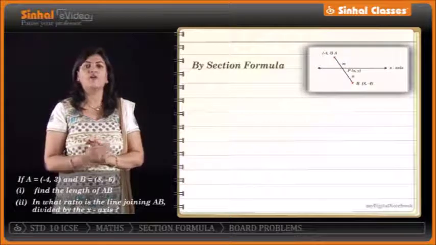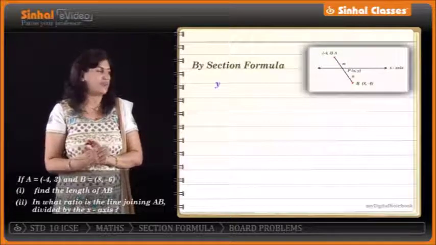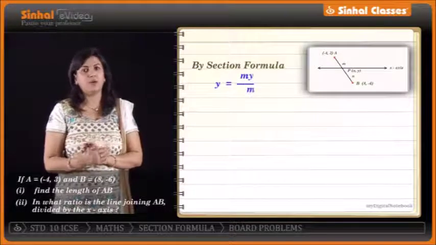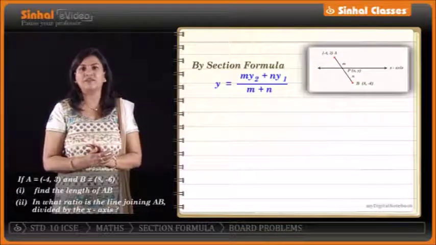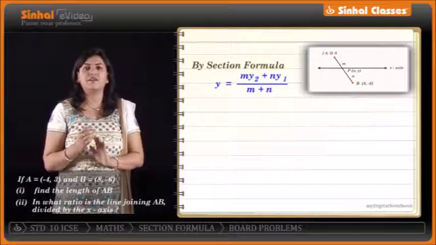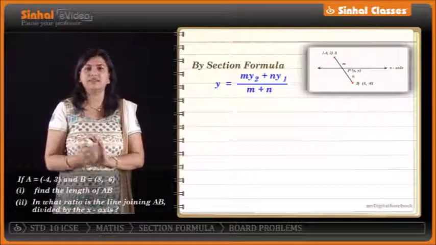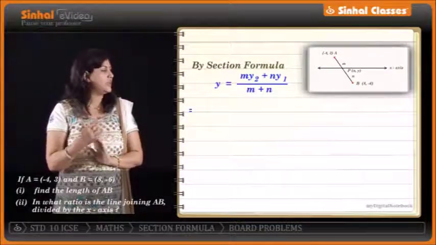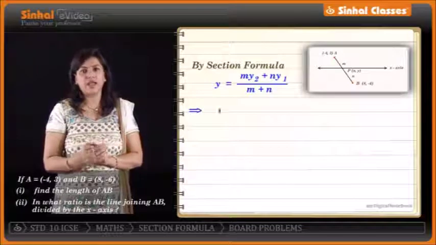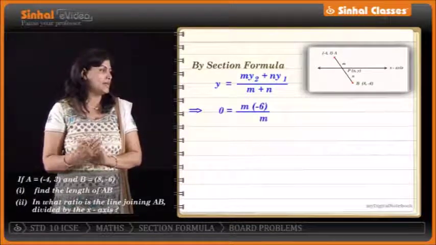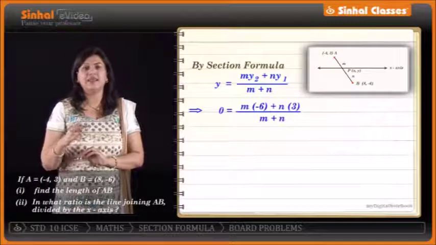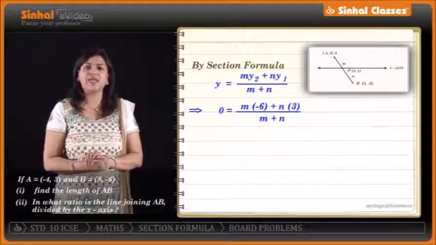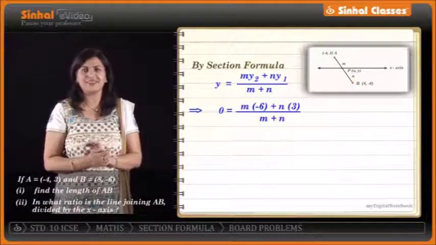We have y is equal to my2 plus ny1 upon m plus n. Now, we have selected the y-coordinate because here the y-coordinate for the point P is 0. So, we get 0 is equal to m into minus 6 plus n into 3 upon m plus n. Now, cross multiply, m plus n into 0 is 0.